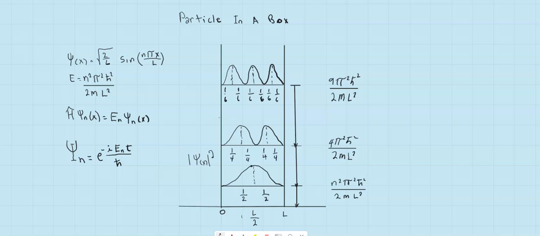I also wanted you to know about the first energy. In reality, I don't need this because this will be the very first, which will be 1 squared. This is the lowest energy value. This will be 4 times. This will be 9 times. The energy increases as it goes up. And this is called the non-zero state.